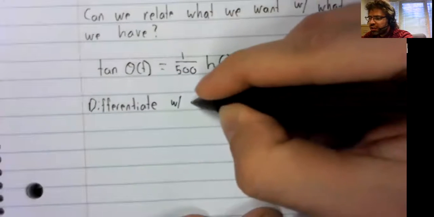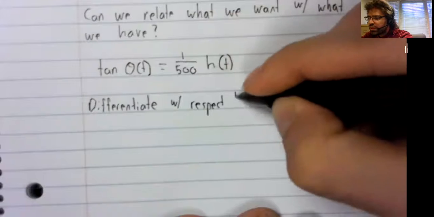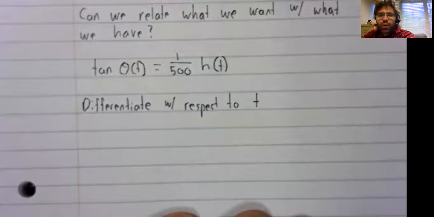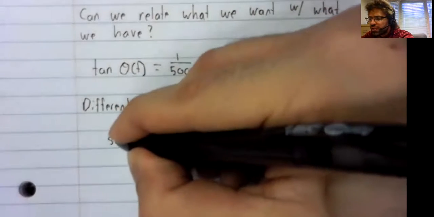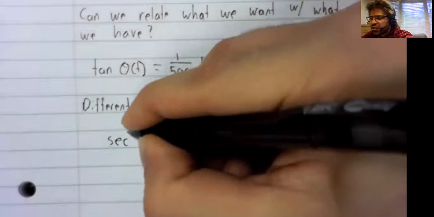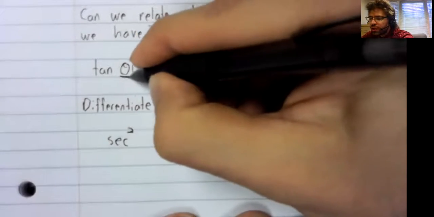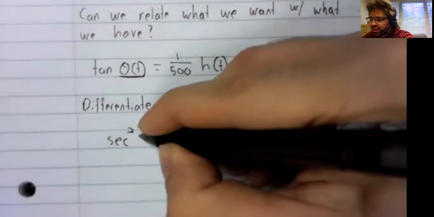We're going to differentiate with respect to t. So what we have here, we have a tangent. The derivative of a tangent is secant squared, but we don't have the tangent of t. We have the tangent of a function of t.